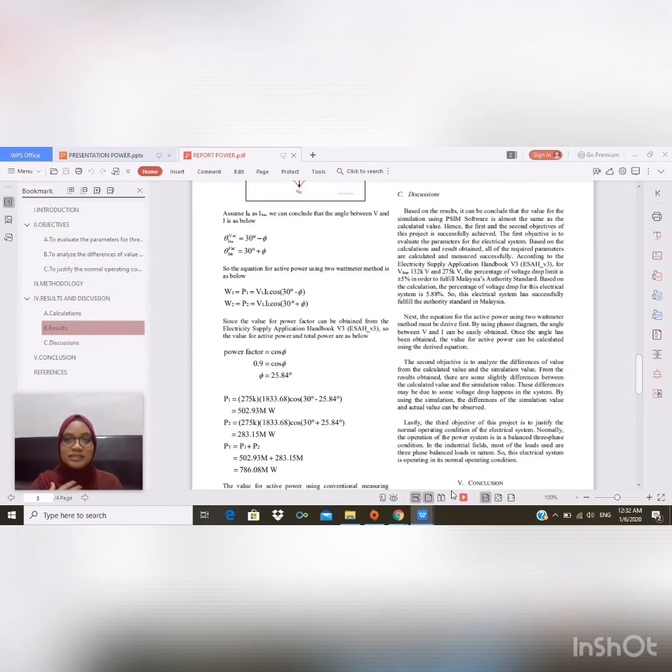There is a difference between the two. Next, the objective is to justify the normal operating condition of the electrical system. Normally in industrial fields, most use a balanced three-phase condition. Our system is a balanced three-phase Y-connected system, so it is operating in its normal condition.